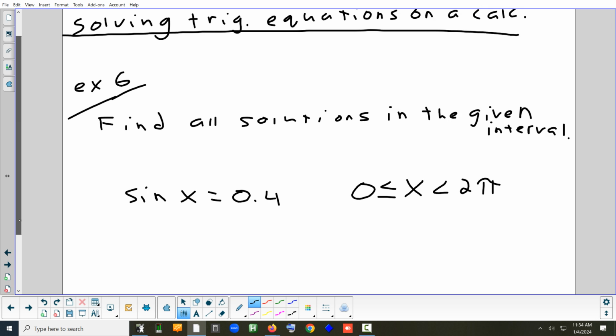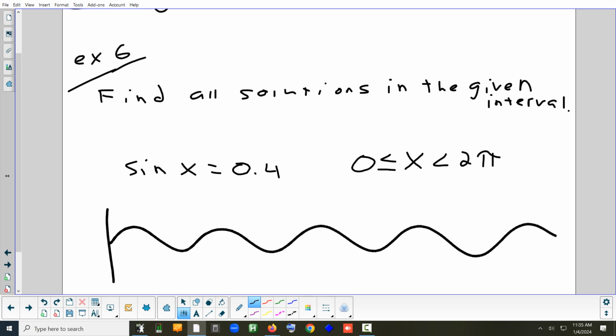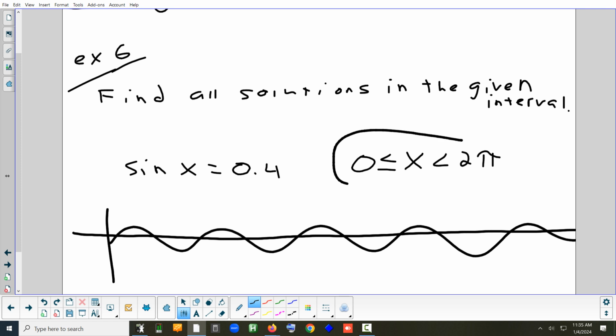So what you're going to have is, actually, let me do it like this. You're going to have the graph of sine. Okay. So that just keeps going. And you're going to have a straight line at 0.4. So how many times will the line and the wave cross? Right, they're going to cross infinitely many times, but they don't want infinitely many answers.